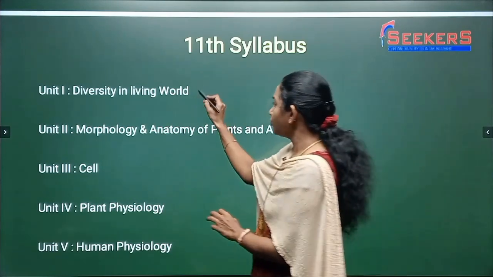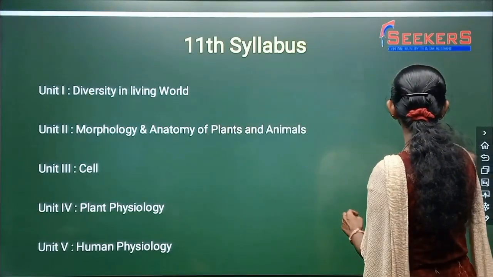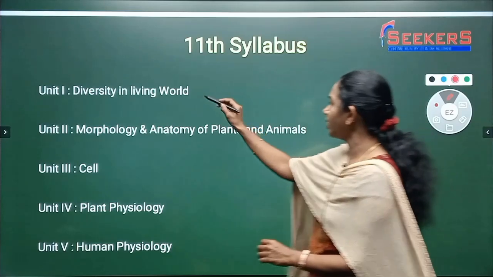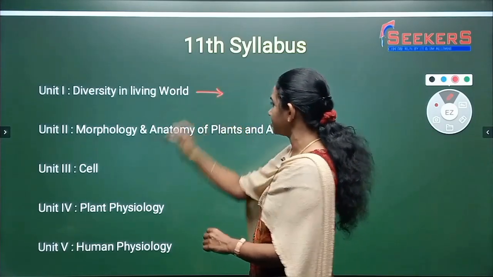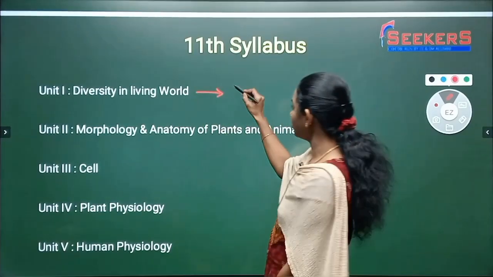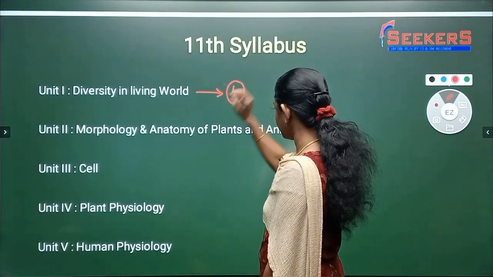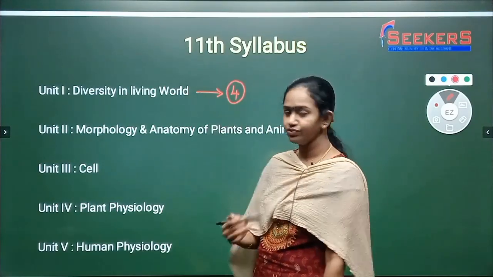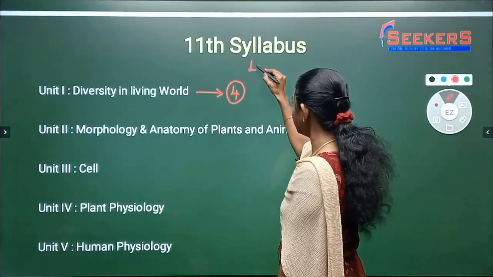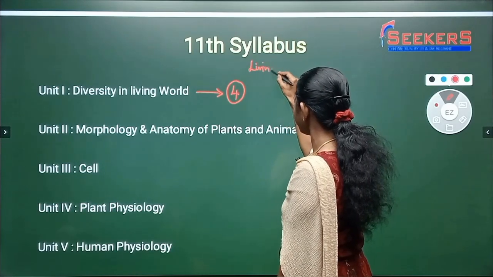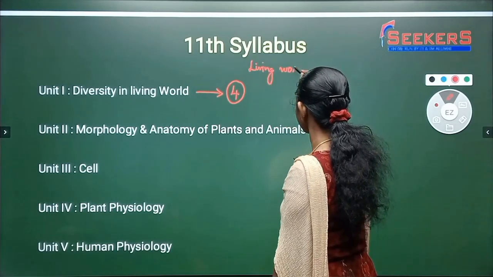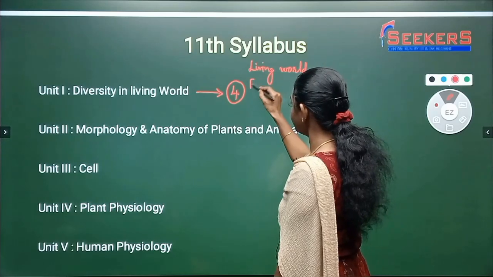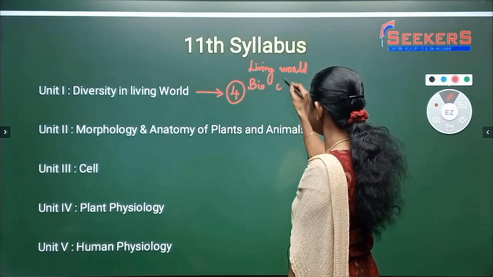First, coming to unit number 1. Unit 1 is Diversity in Living World. In this unit, we have totally 4 chapters. Let me tell you the names of those chapters. Chapter number 1 is Living World. Chapter 2, Biological Classification.